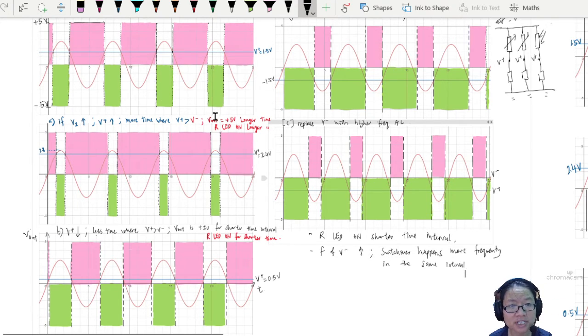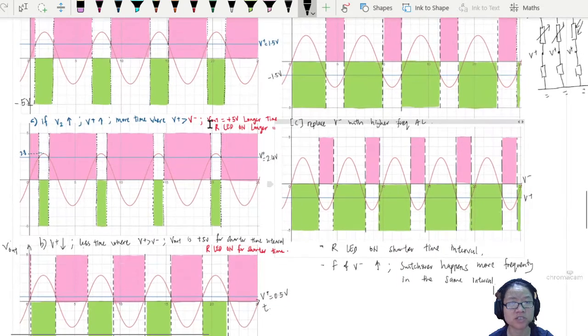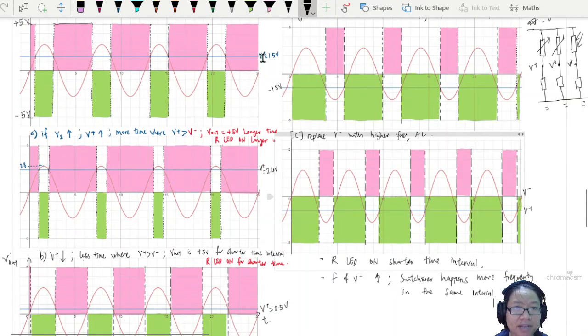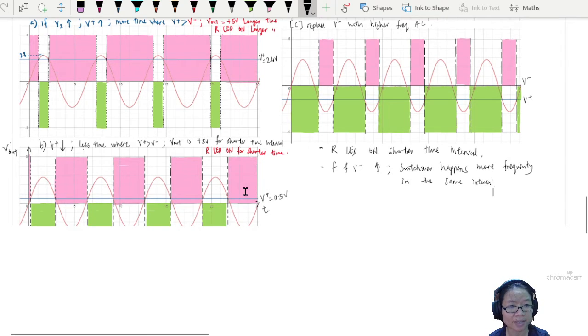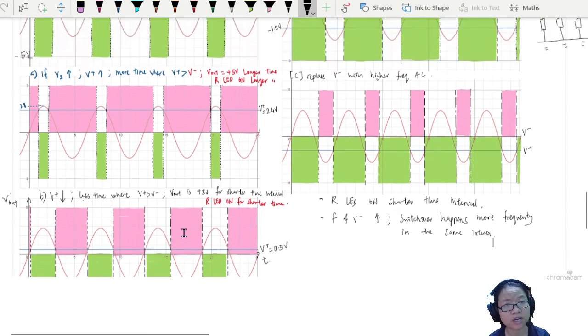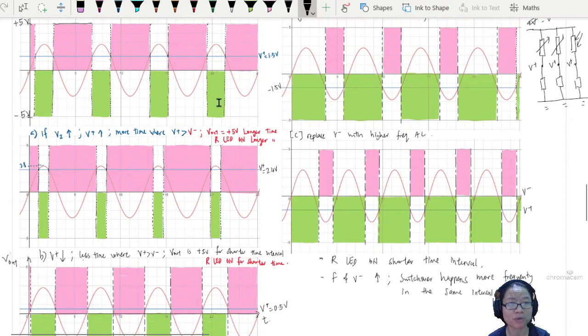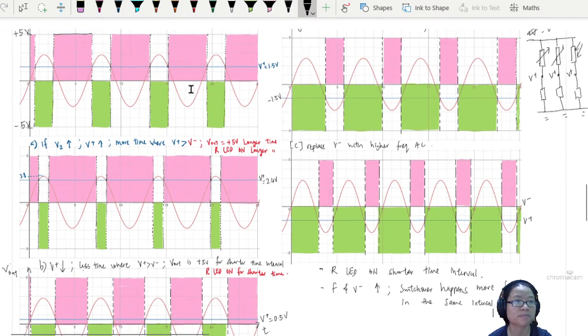And when I increase my V plus, which is basically increasing the value of the constant line, then the red color will be longer. The green color will be shorter because the time where the output is positive is longer. If I decrease this blue color line, then the red color will be shorter and the green color will be longer. When we say longer and shorter, we are comparing to the original one, which is the first one.